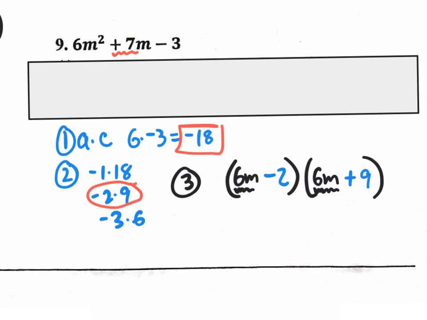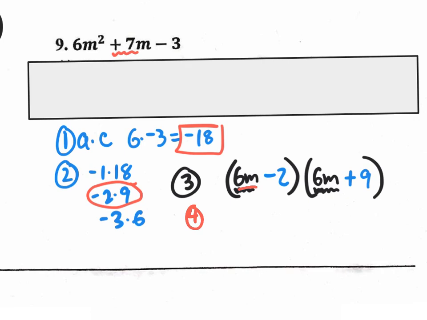Now, if you're thinking that you're done factoring, it can't be right because 6m times 6m is 36m squared, not 6m squared. So this is why it's important that we do step 4, which is reducing. It's supposed to be in your head. I like showing the division right here. Actually, not dividing by 4, I'm sorry. Dividing by 2.